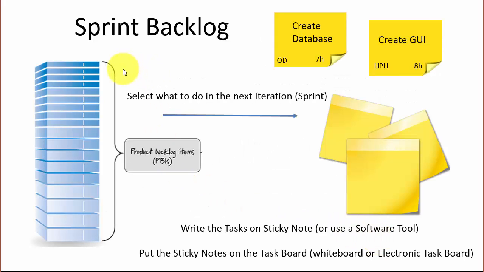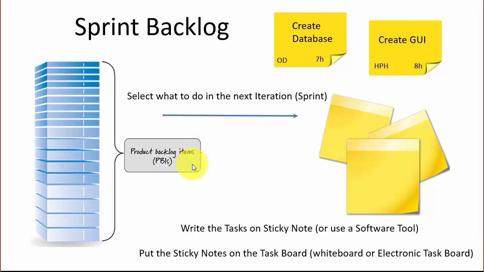So here you see an example. Here is the product backlog. So you just take the items on the top and put them into the sprint backlog, and then you set responsible persons, and also you estimate how long each task should take.